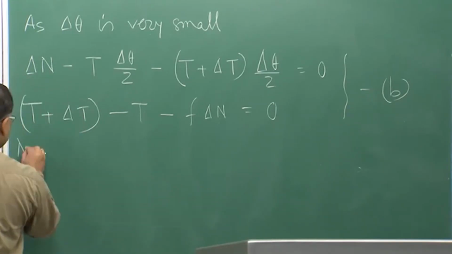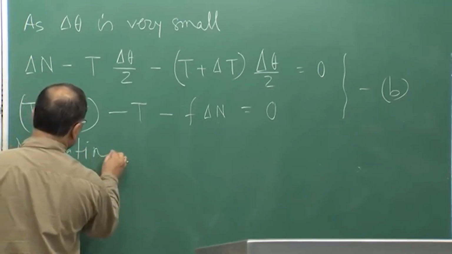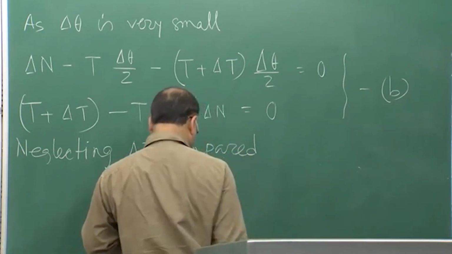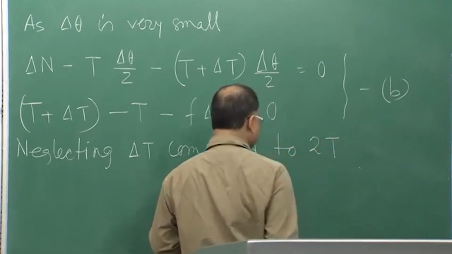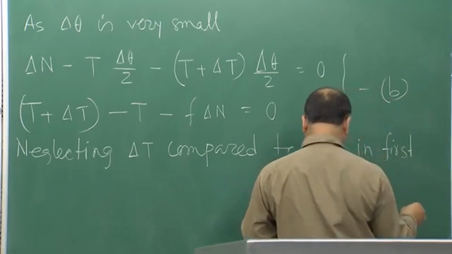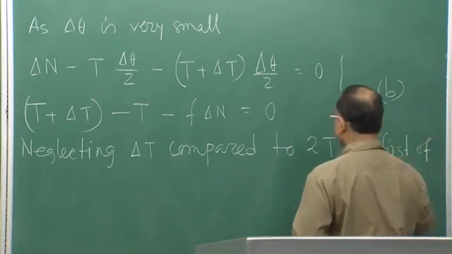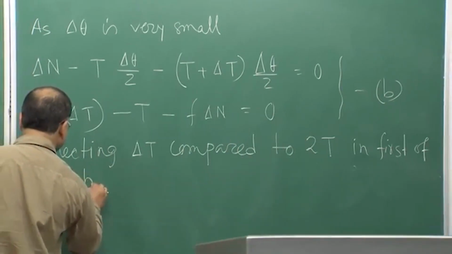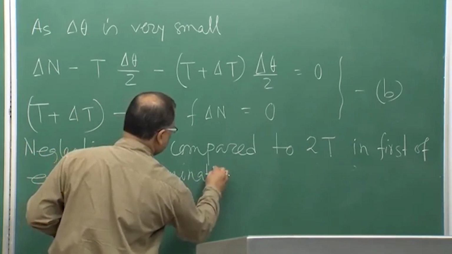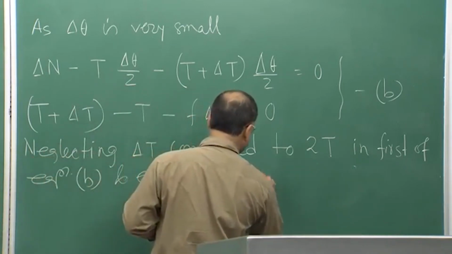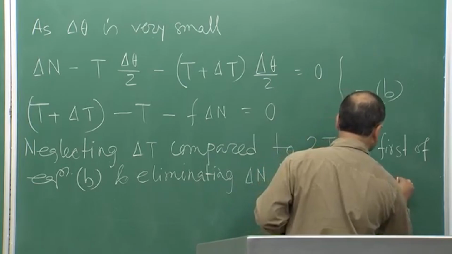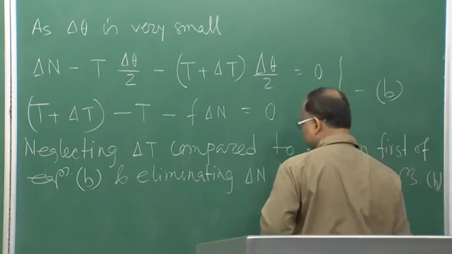So, now what we are doing: neglecting delta t compared to 2t in the first of equation B, and eliminating delta n between the two equations of equation B. What can we write?